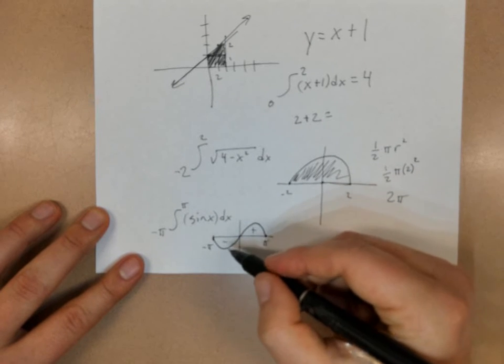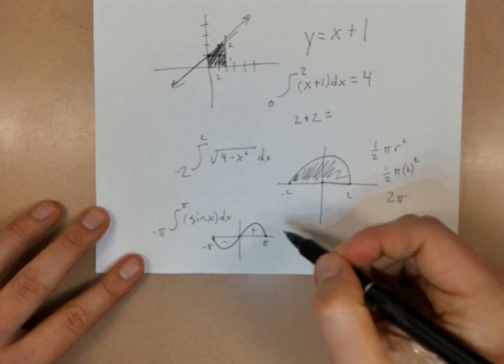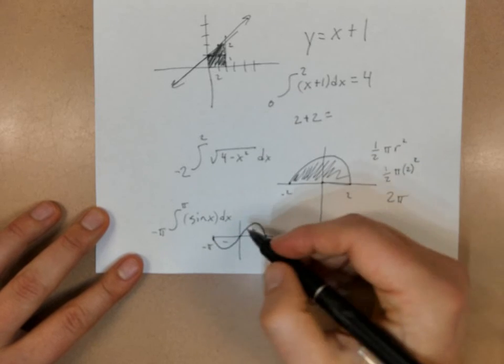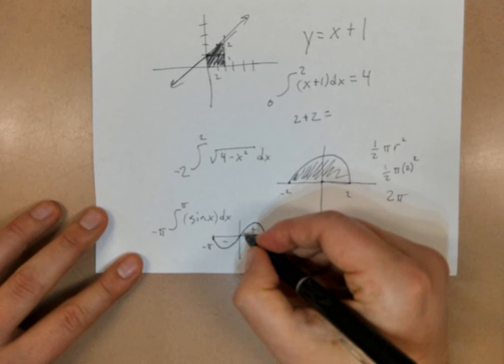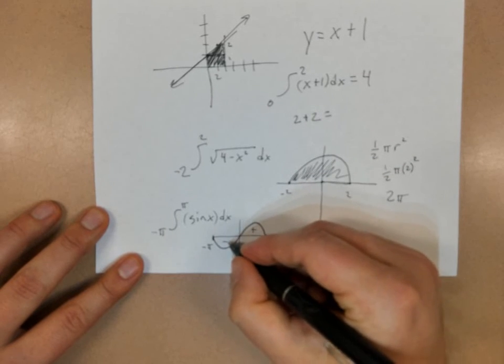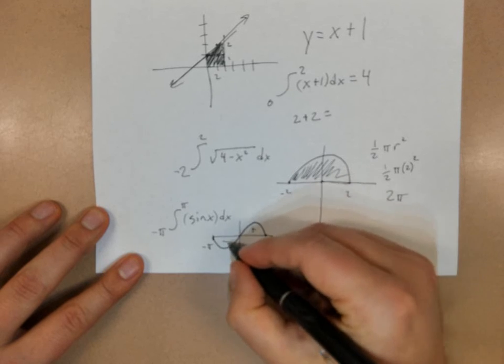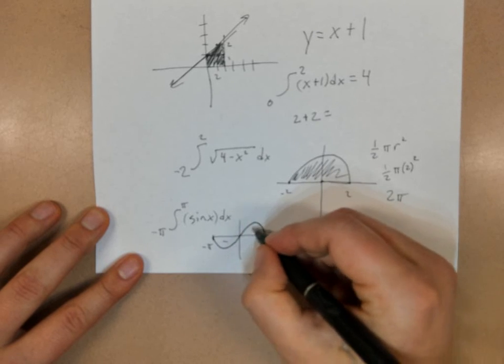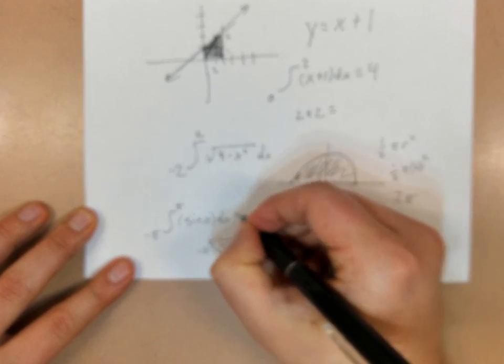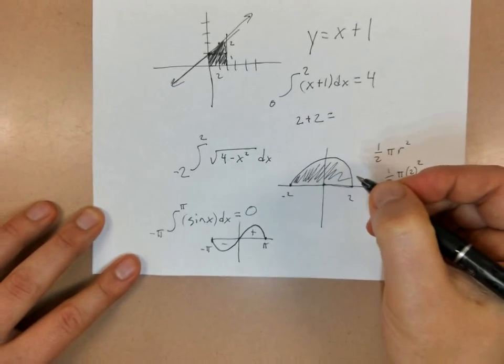One nice thing about sine and cosine waves is that they're symmetric. I don't know what this area is, but I know it has to be equal to this one. Because one of them's positive and one of them's negative, they essentially cancel each other out. And so this integral will equal 0.